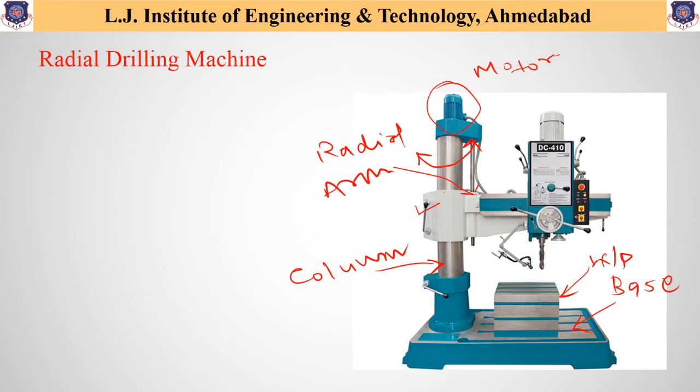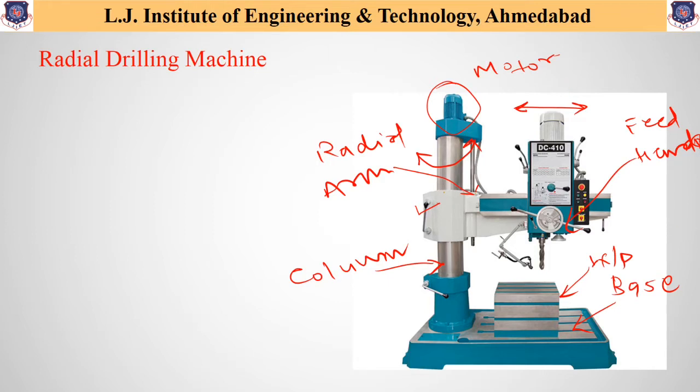And this radial arm consists of the feed handle, and it also has the ways provided on this radial arm for movement in the horizontal direction. So these are the basic parts available on the radial drilling machine.